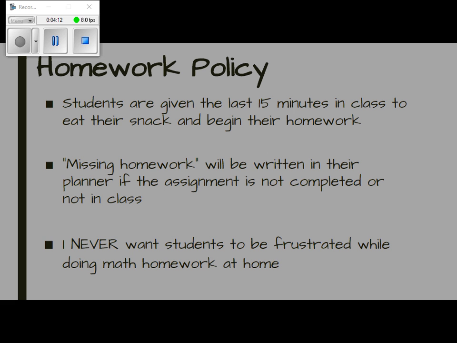So it's a lot more focus on the conceptual piece instead of just jumping right into those procedures. So if you're thinking, gosh, this looks very different than the way I learned math, that probably is the case. But we don't want that to cause any stress between you and your student. So that is just another pro of not bringing too much homework home.